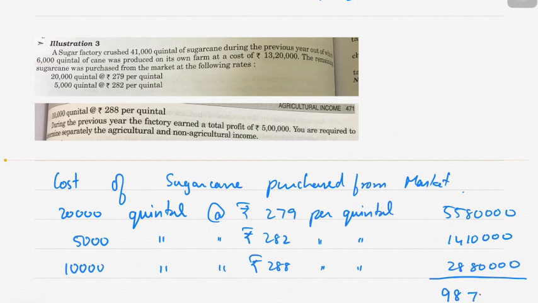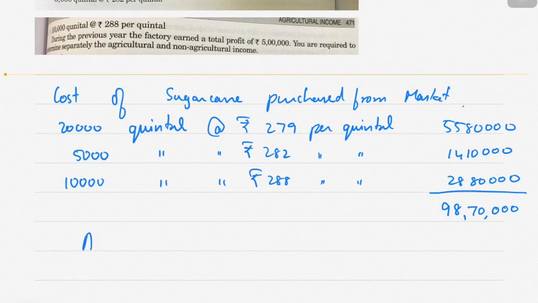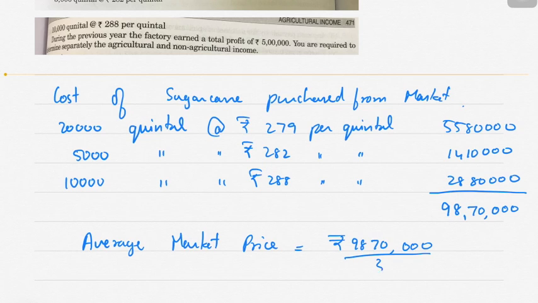So for 35,000 quintal, market value comes to 98,70,000. You have to find out for 6,000 how much it is. So average market price comes to rupees 98,70,000 divided by 35,000, which is rupees 282 per quintal.